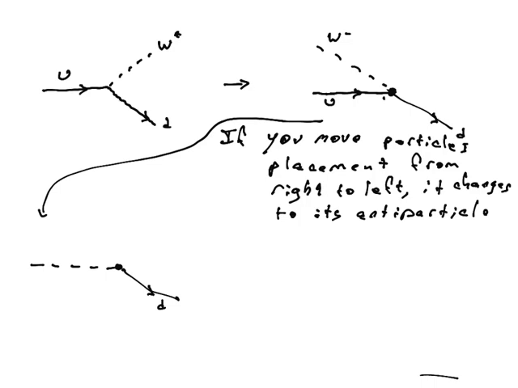The up was on the left, now it's going to be on the right. So how should this change? Well, the W minus is still a W minus, the D is still a D. I didn't change them. But because I changed the up from the left side to the right side, it needs to go to the antiparticle, which is an anti-up. And so I have to put the arrow the other way here.